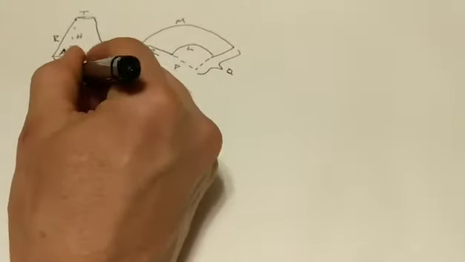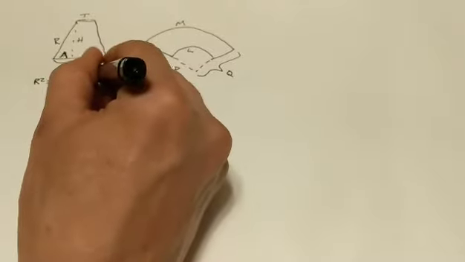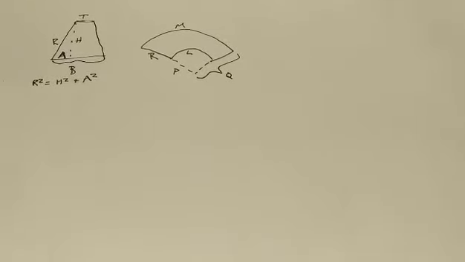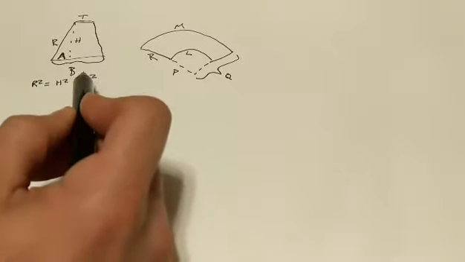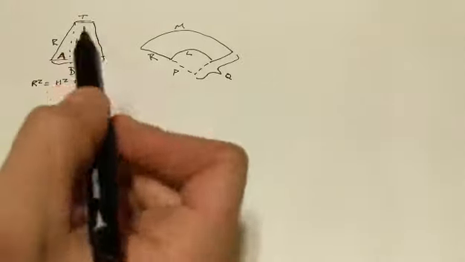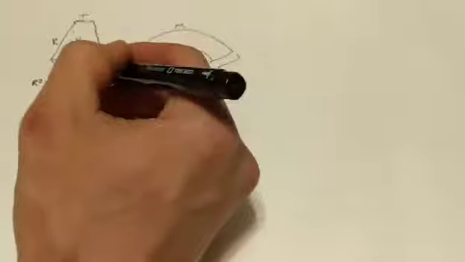So it's H squared plus A squared. We don't know what A is, because if we were to just draw this, we would have an idea of the height, the bottom diameter, and the top diameter. But A is really easy to find.